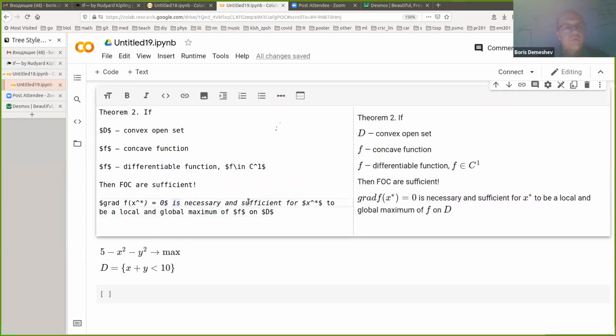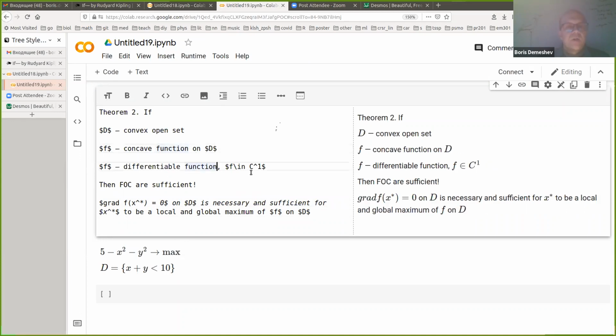On D, we always work on D: concave function on D, differentiable function on D. I don't care what happens outside D.